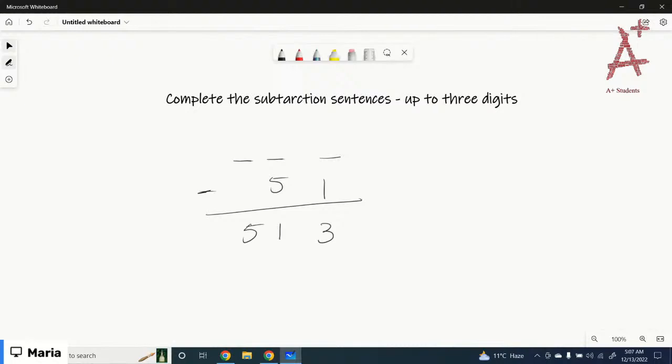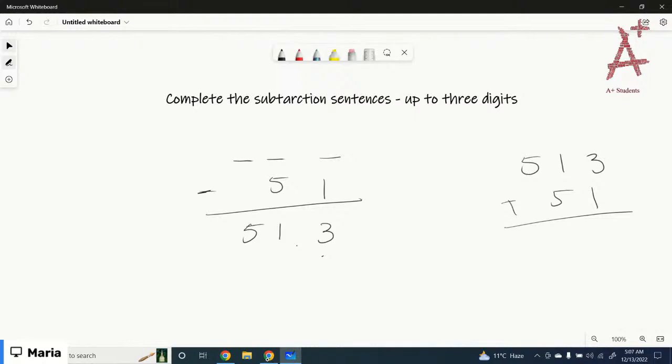So you have to add the given number to the answer, to this difference. That is the two numbers, and 513 is the difference of the two numbers. Just add the difference given and the one number that is given, and you will find the missing number.